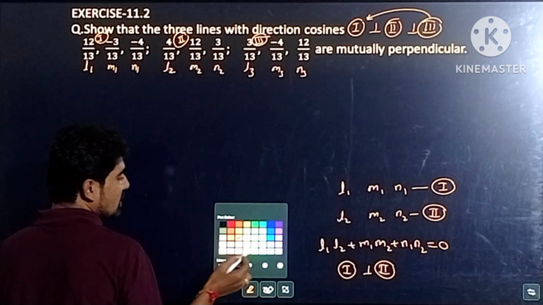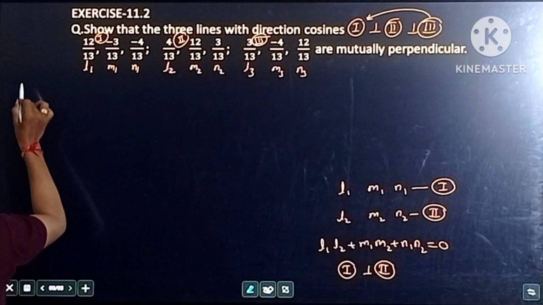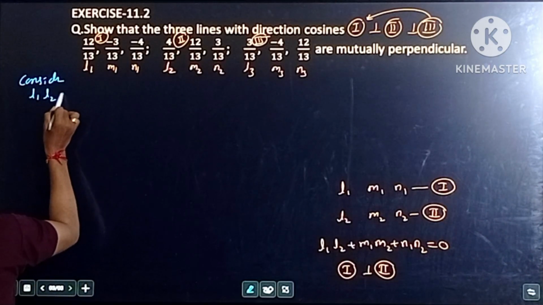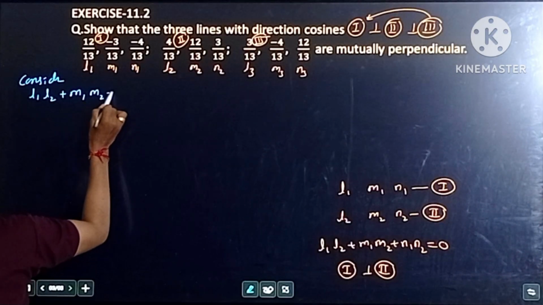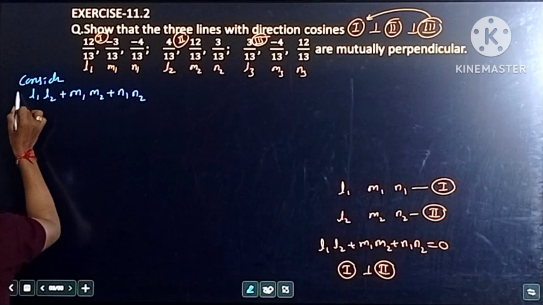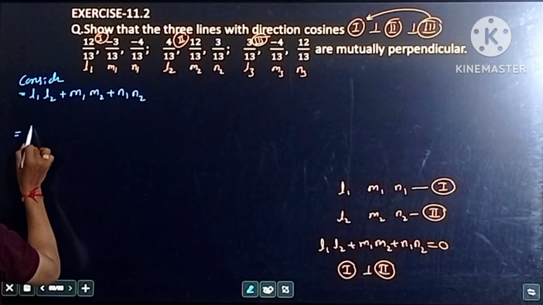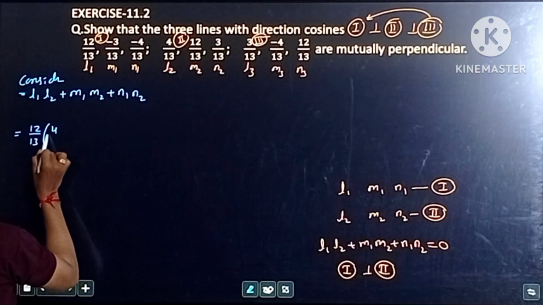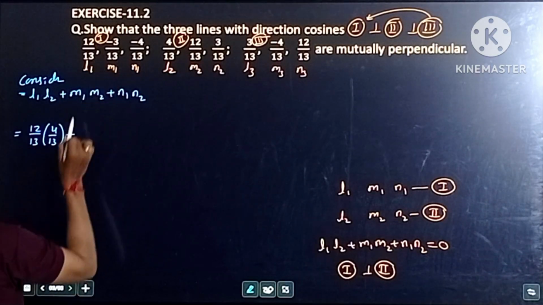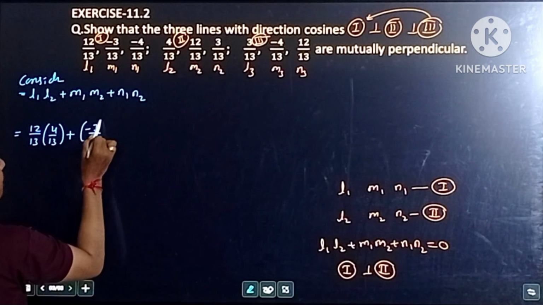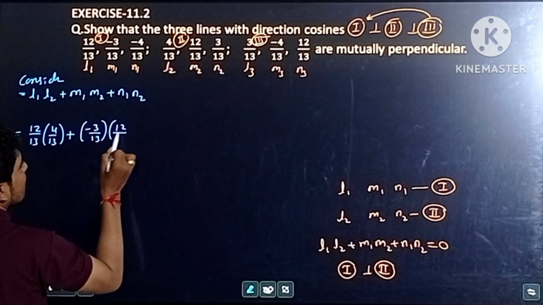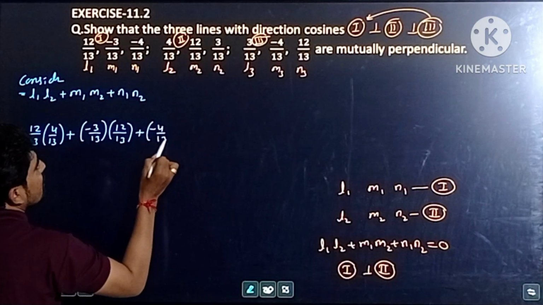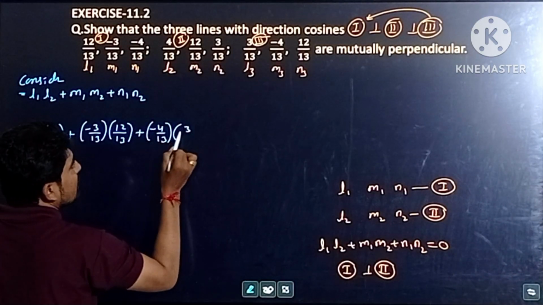To prove that the first and second lines are perpendicular, consider L1 L2 plus M1 M2 plus N1 N2, which is equal to: the value of L1 is 12 by 13 and L2 is 4 by 13, plus the value of M1 is minus 3 by 13 into M2 is 12 by 13, plus the value of N1 is minus 4 by 13 into N2 is 3 by 13.